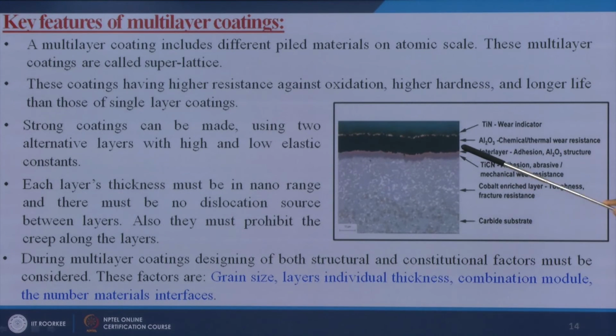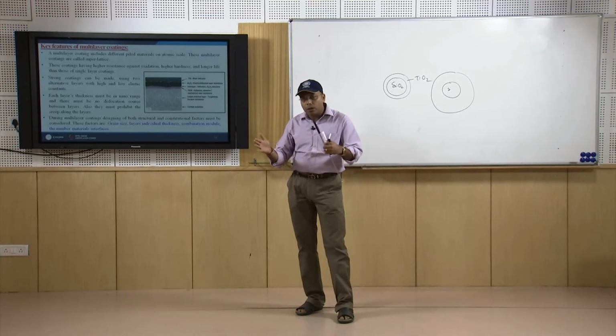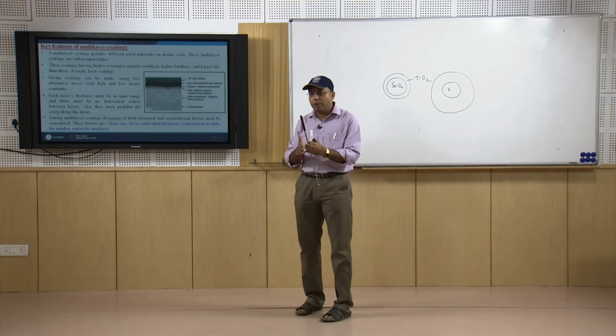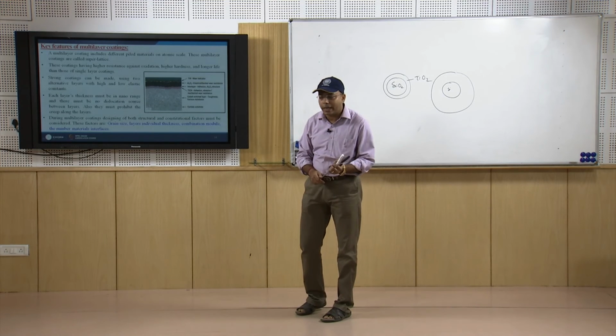On top of the interlayer we put an alumina structure which gives adhesion between the coating materials, because sometimes between the coating materials we also need certain binder or adhesive materials, so that the coating layers stick together and layer separation does not take place.